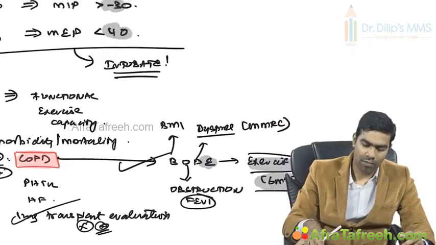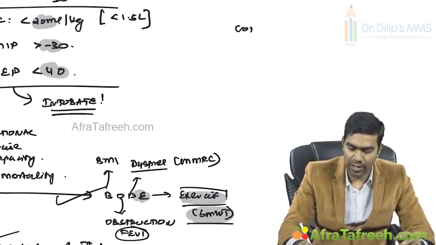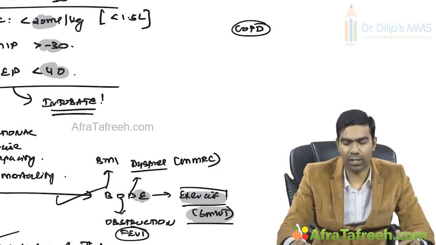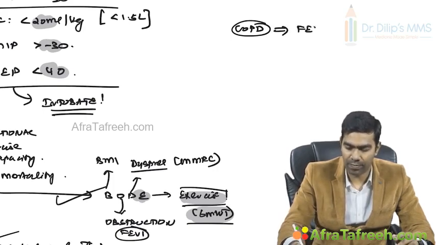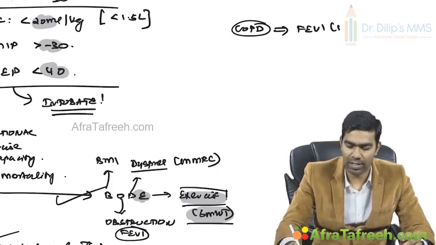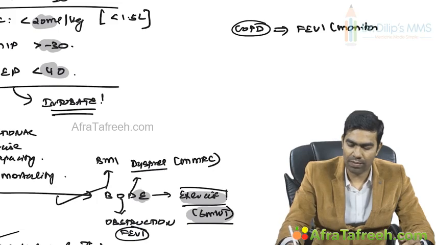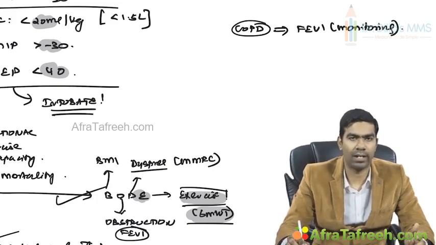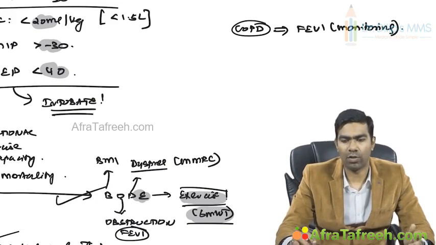And the final nail in the coffin, you have to know that COPD, especially emphysema and chronic bronchitis, is best assessed and monitored by FEV1, because your GOLD criteria, your COPD prognostic tools, everything uses FEV1.